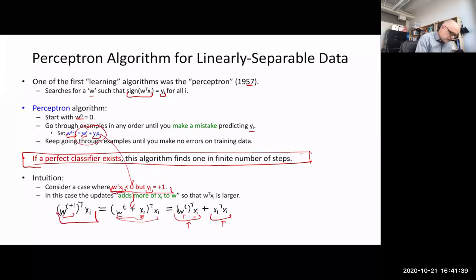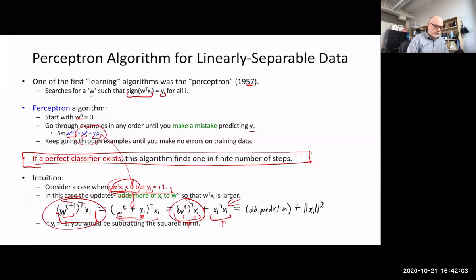The new value of W t+1 transpose x i is going to be more positive than W t transpose x i by this amount, okay? And by making it more positive, this violation will be less likely to occur, right?